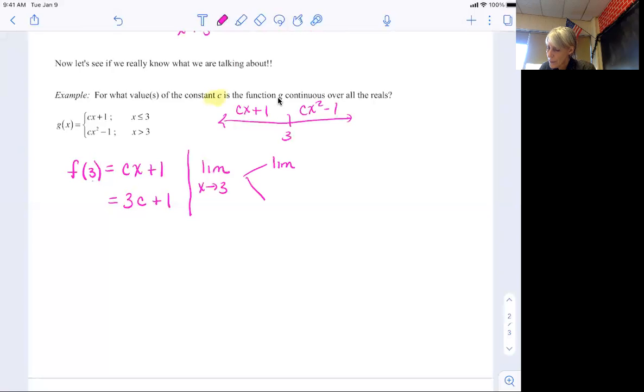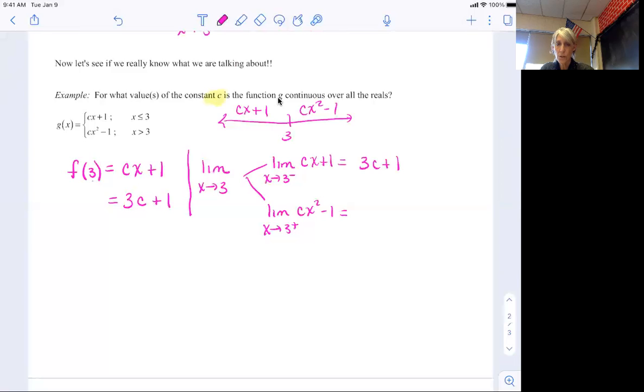So the limit as x approaches 3 from the left, the limit as x approaches 3 from the right. I'm using that rule. I'm using that rule. When I plug in 3, I get 3c plus 1.